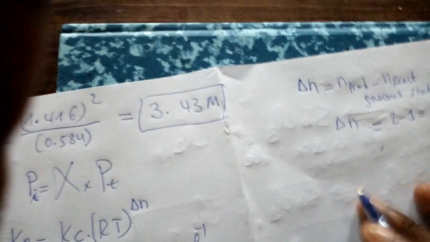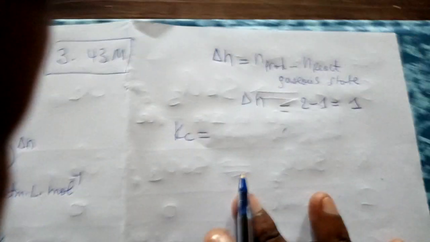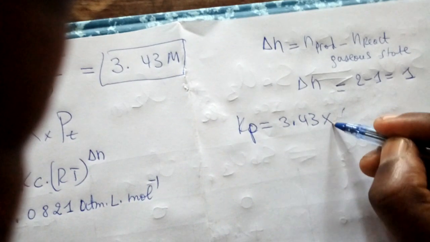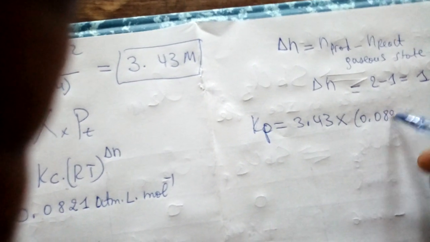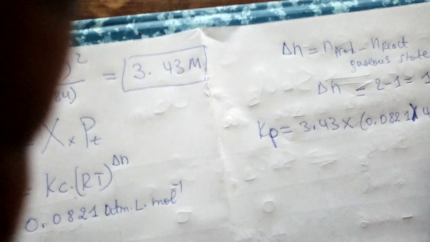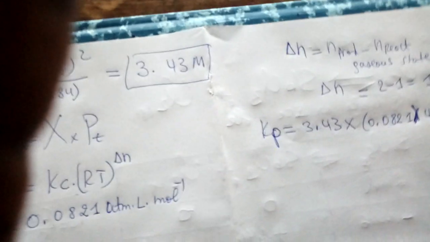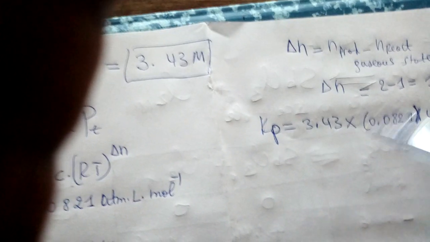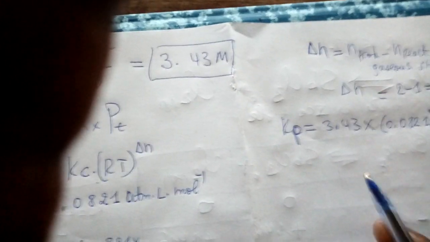Then Kp will be equal to 3.43 times 0.0821 times 453 to the power 1. You know that if a given number is to the power 1, nothing changes. We maintain the same number.